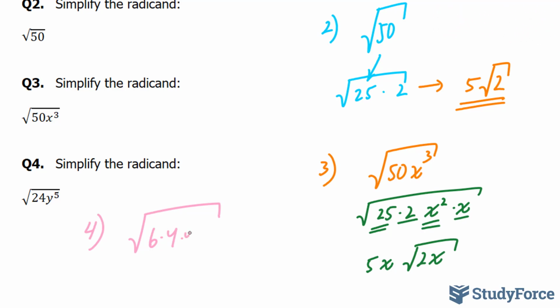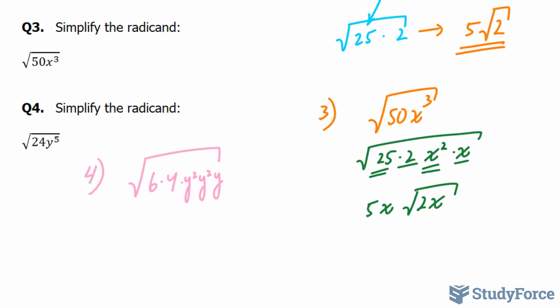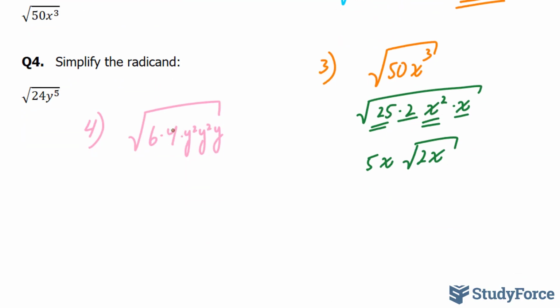So if we write down y to the power of 2, y to the power of 2, and y, let's start with the 4. The square root of 4 is 2. The square root of y squared is y. The square root of this y squared is also y. And we're left with 6 and y.